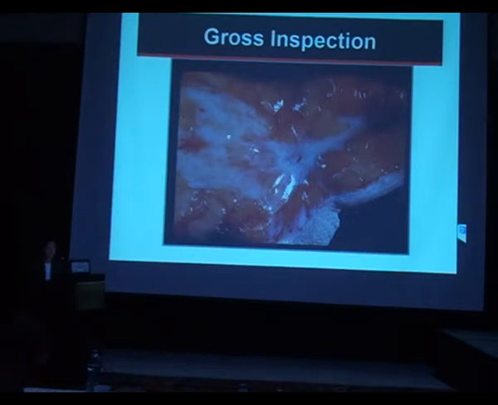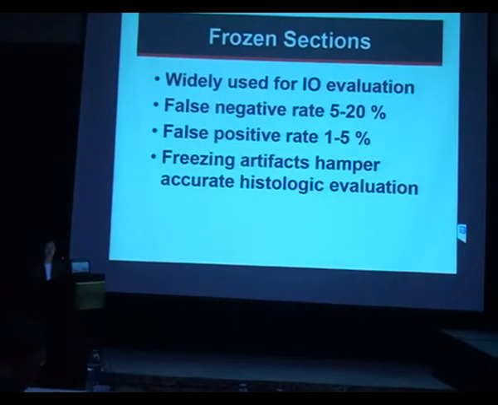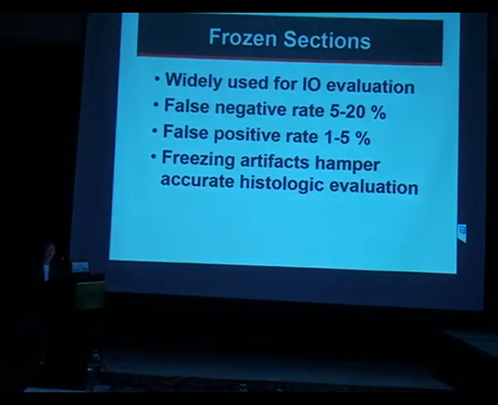So with that, we said we really cannot tell if the margins are negative or positive grossly. So we had to do frozen sections, and we did frozen sections on this. Based on the appearance of the specimen and the patient's previous diagnosis and imaging findings, we can decide what type of intraoperative evaluation method we are going to use.